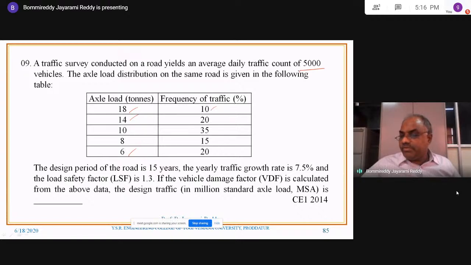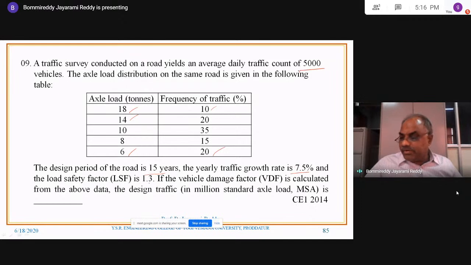So 10% of the vehicles are 18 ton axle load, 20% is with the 6 ton axle load. The design period is 15 years. The yearly traffic growth is 7.5.